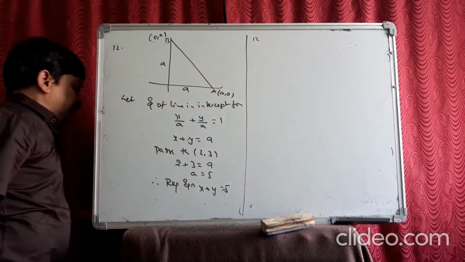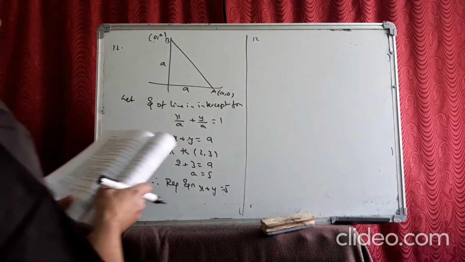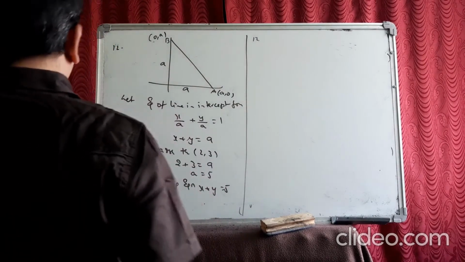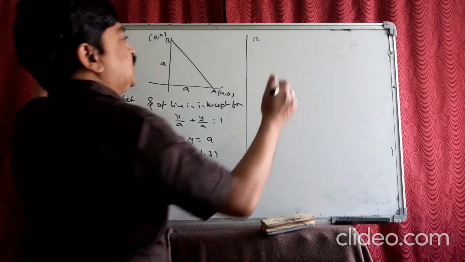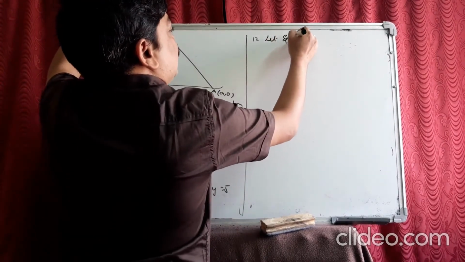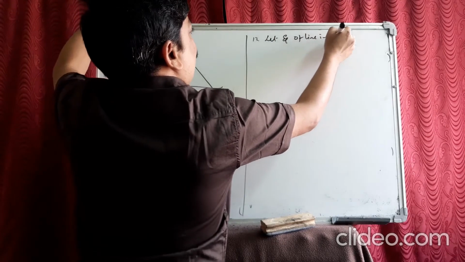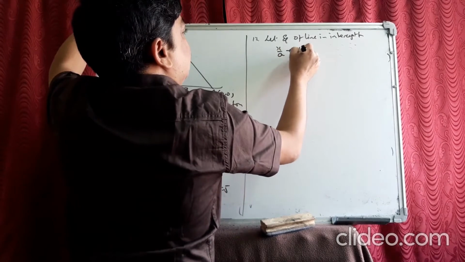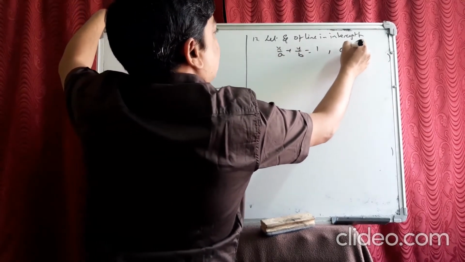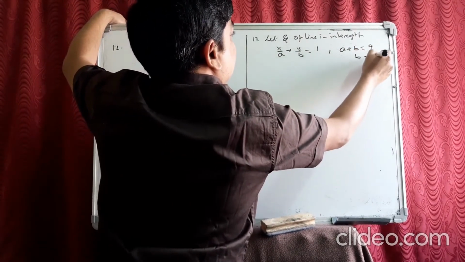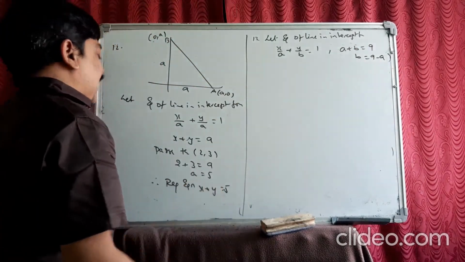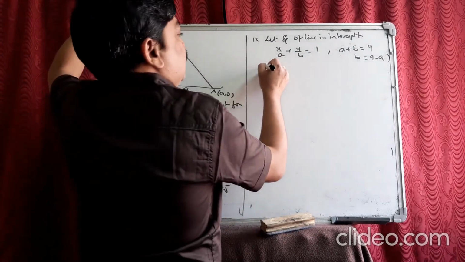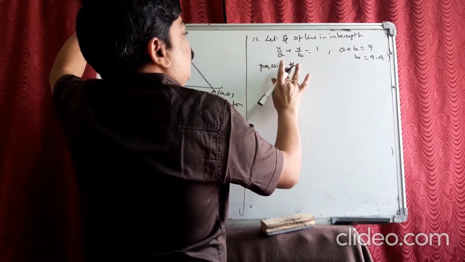See the 13th question. Find the equation of the line passing through (2, 2), cutting off intercepts whose sum is 9. The intercept sum is given as 9. That means let us take the equation of the line in intercept form, x/a plus y/b equal to 1, a plus b is 9, so b is 9 minus a, and this line is passing through (2, 2).